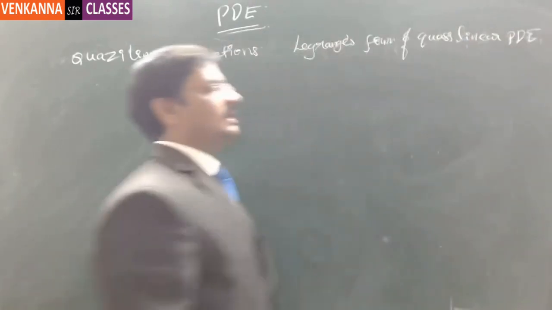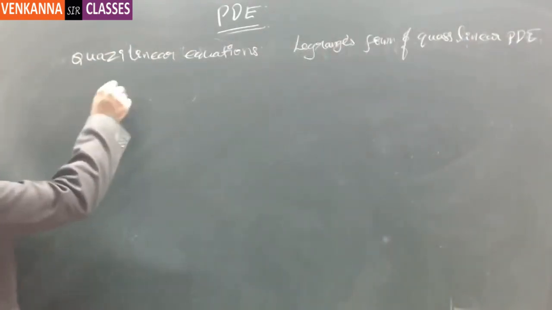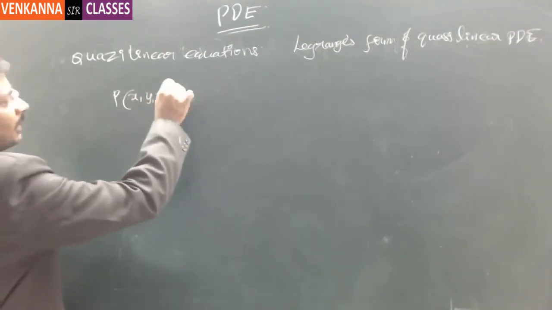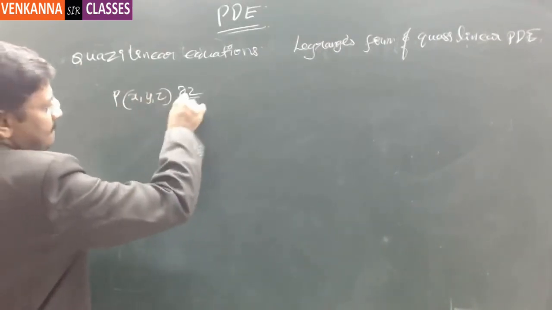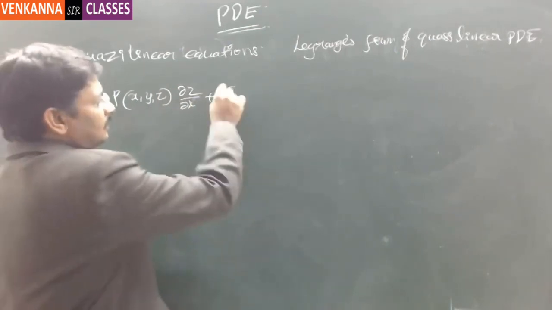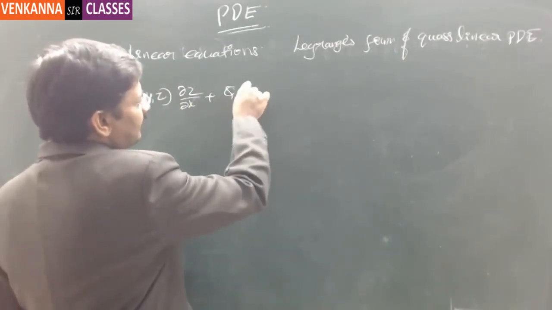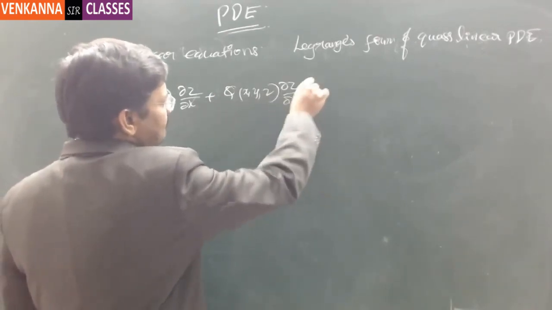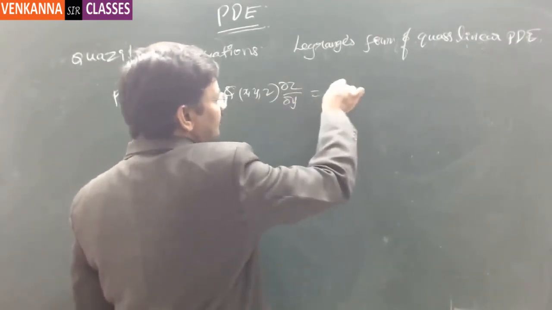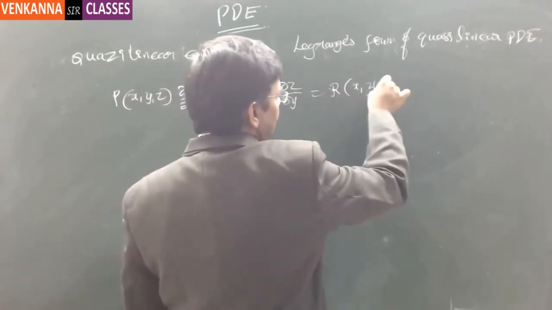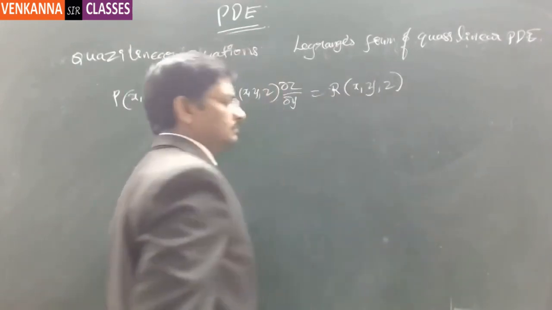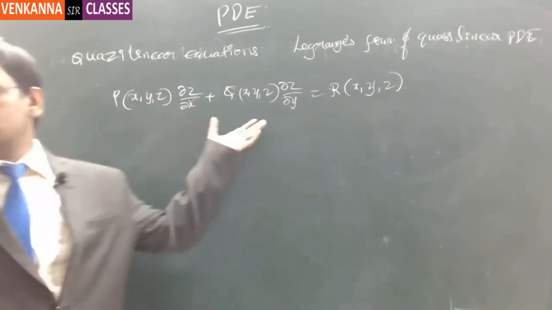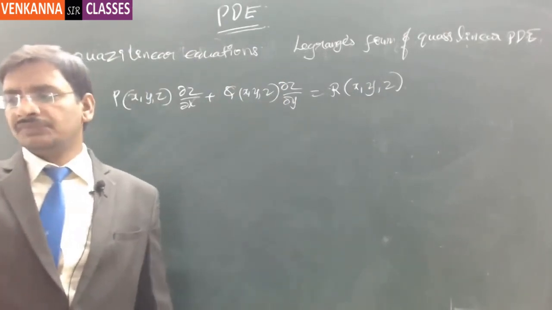What this quasi-linear says is, suppose the differential equation is p, a function of x comma y comma z, multiplied by dou z by dou x, plus q, a function of x comma y comma z, multiplied by dou z by dou y, and this is equal to r, which is again a function of x comma y comma z, then this differential equation is called a quasi-linear differential equation.